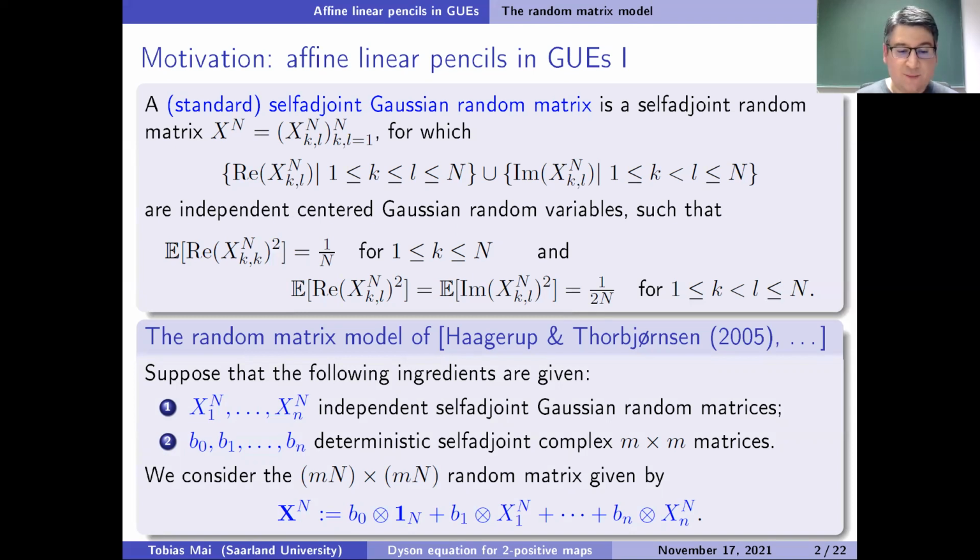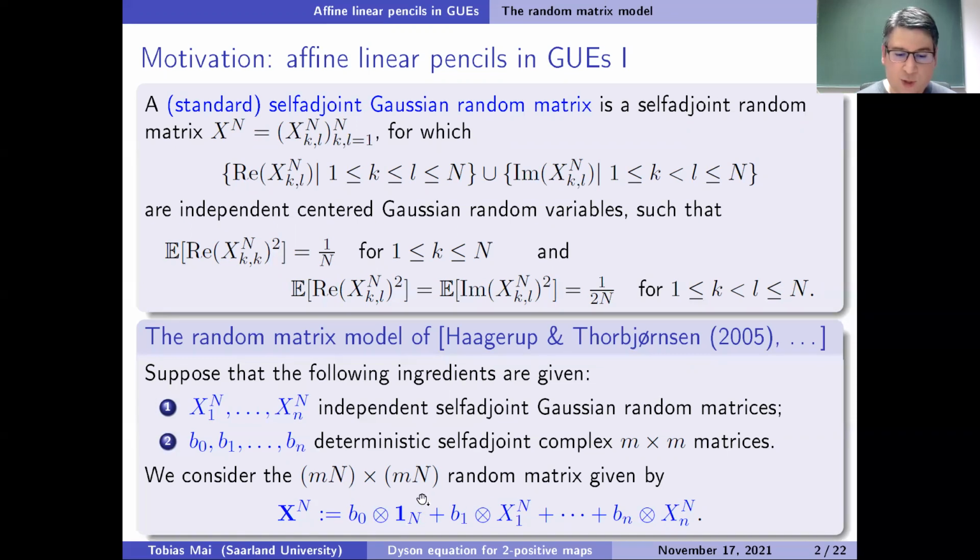It says that we take independent self-adjoint Gaussian random matrices X_1^(N) up to X_n^(N). Then we take coefficient matrices, self-adjoint and complex, of dimension m times m, and we tensorize them, putting the deterministic matrices as coefficients in front of our Gaussian random matrices.